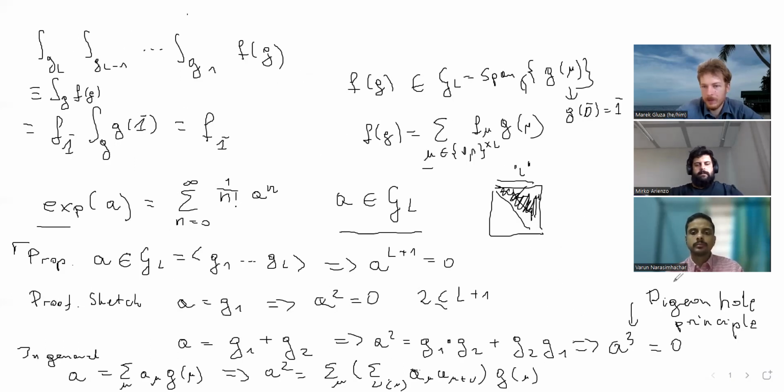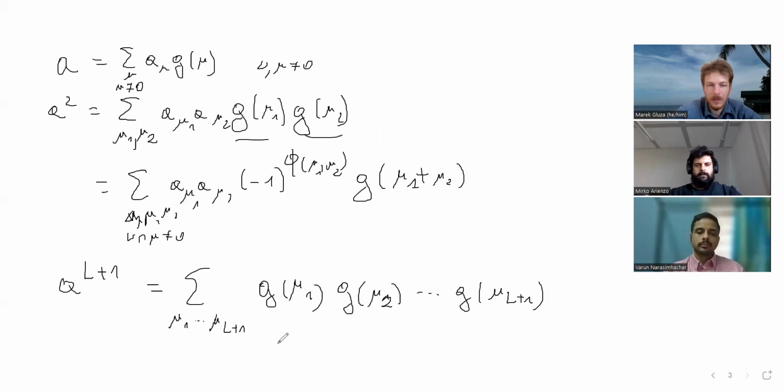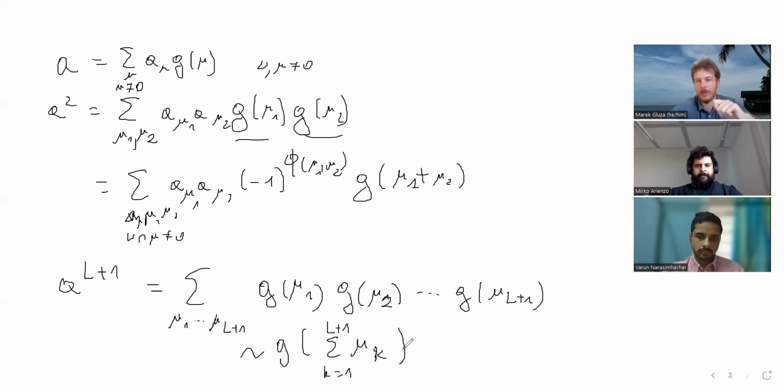Then the pigeonhole principle will start applying, because this will be proportional to summation mu k, k from 1 until L plus 1. And if all of them are non-zero, then there has to be at least one k where the number will be higher than 1, and then it will be 0. So that's the proof sketch.